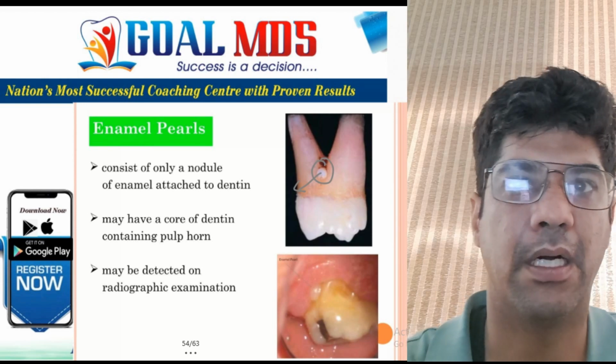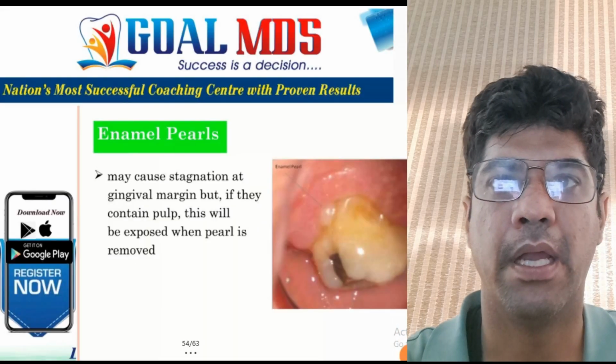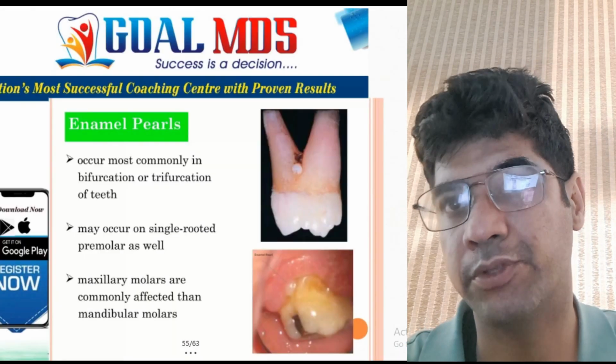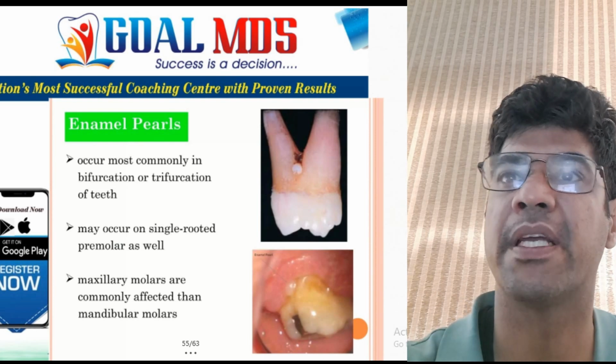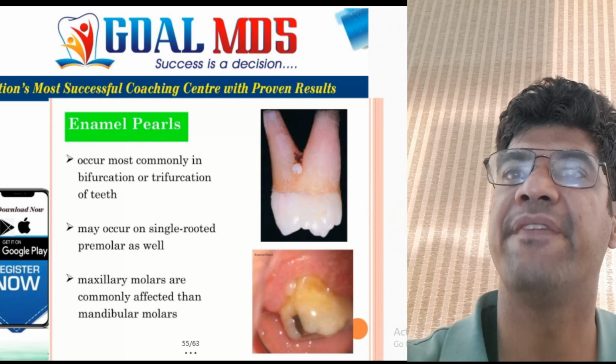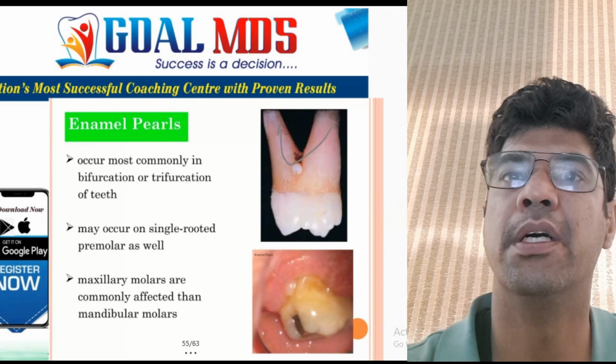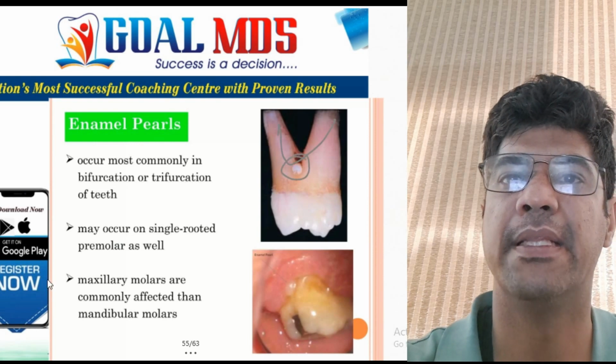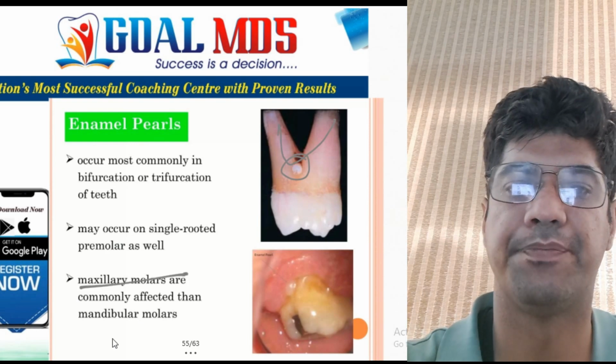You can get an image in the exam where you have to identify this. It occurs most commonly in the bifurcation or trifurcation of the teeth. Maxillary molars are more commonly affected than the mandibular molars.